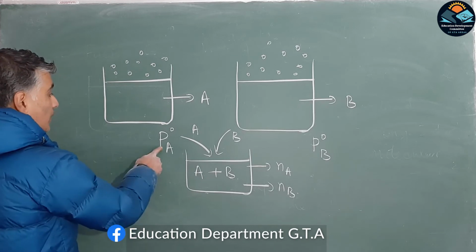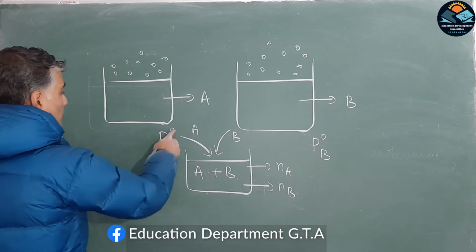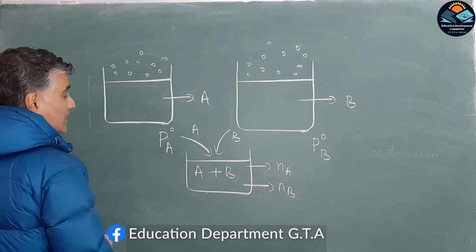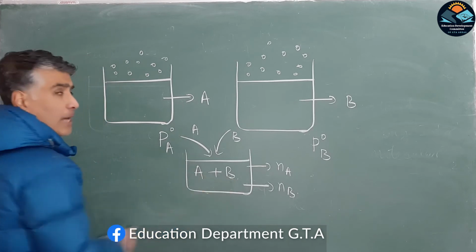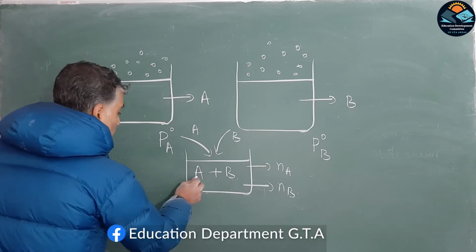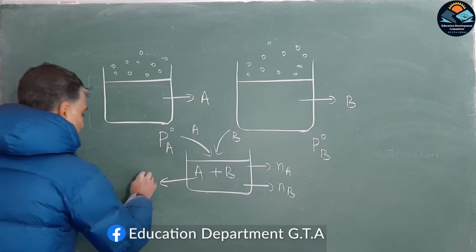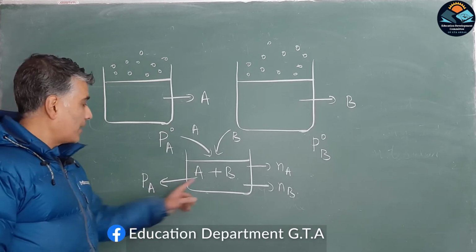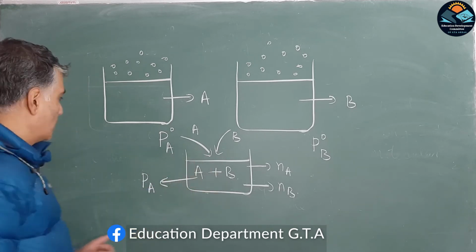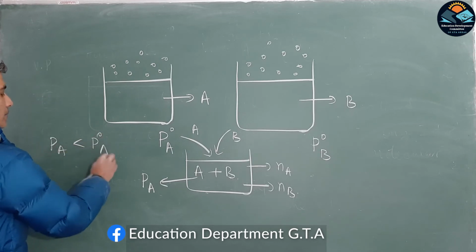It is not going to be what it was in the pure state, when its vapor pressure is P degree A. But once it's mixed with B, B acts as an impurity, and with the addition of impurity, the vapor pressure decreases. So the vapor pressure of A is not going to be P degree A, it will be less. Let me write that as PA. That's the vapor pressure of A now in this mixture. I know this much, that PA is less than P degree A.